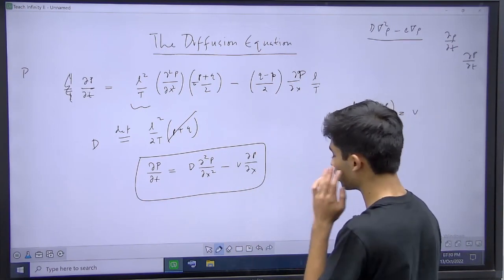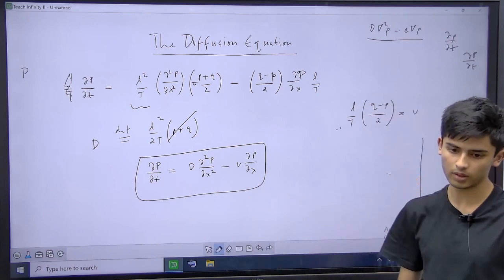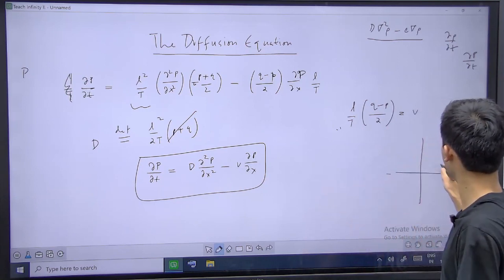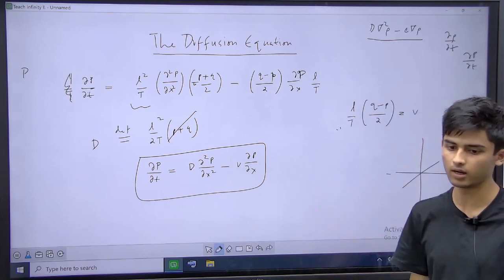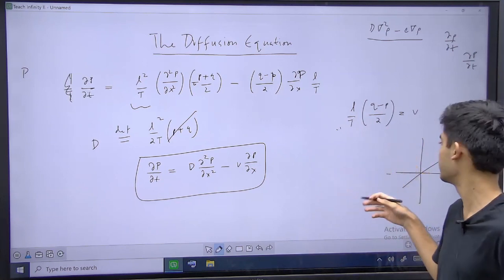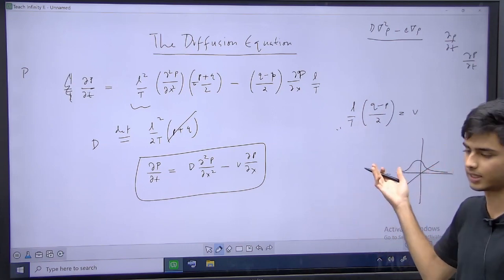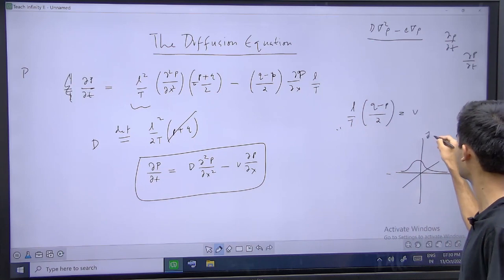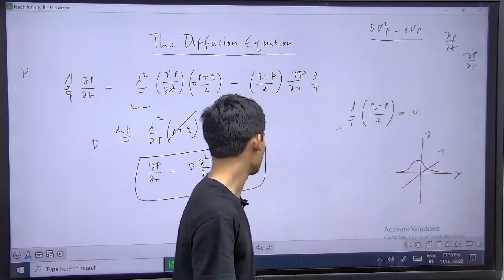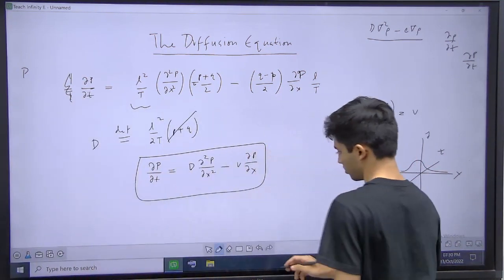So I will first solve it for one dimension, and we can later extend it to any number of dimensions. The reason is that since the space is isotropic, we don't care how it moves. It's the same thing whether it moves along the x-axis, the y-axis, or the z-axis. Anyway, we will now go ahead and try to solve this.